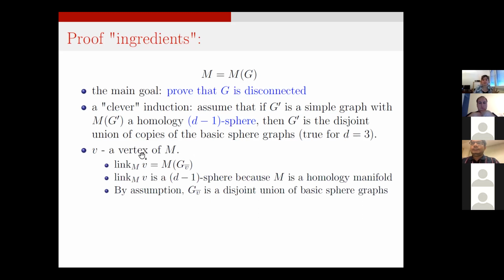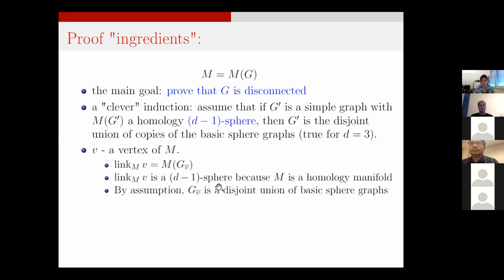And then we do something like this. We take a vertex in a manifold and we look at its link from two sides. From one side, we know from that link lemma that the link of that vertex is the matching complex of that subgraph. From another perspective, in the manifold, we know that the link of that vertex is a sphere.